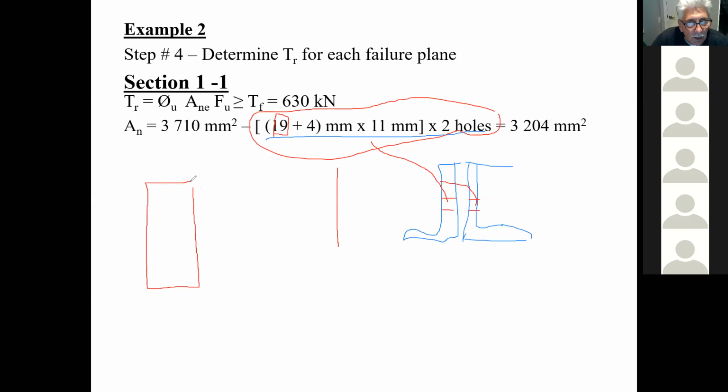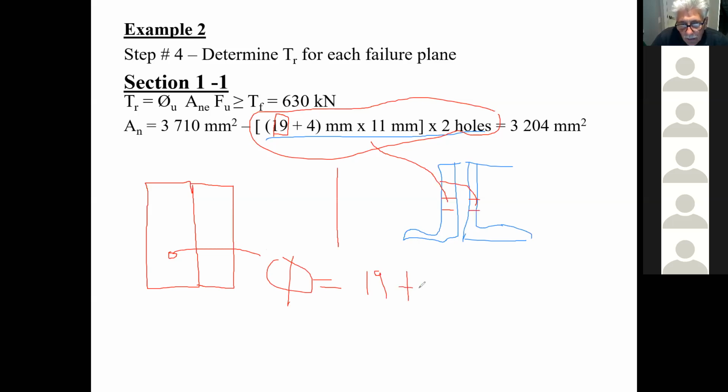Now I'm going to do this for one angle, because if I do it for two angles, it's going to be harder to see, and then you just have to multiply by 2. So if you remember, here I have one bolt hole. The diameter of that bolt hole is going to be the diameter of the bolt, which is 19 millimeters in our case, because it's a 3/4 inch bolt.